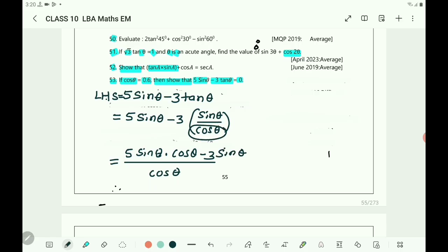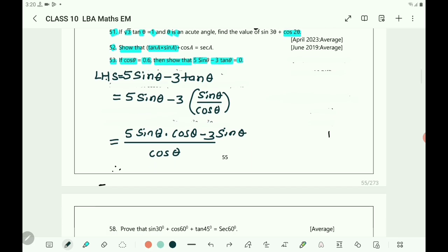This is the first term, 5 sin theta into cos theta, and the second term is 3 sin theta. Now here sin theta is there, here also sin theta. You can take sin theta common.